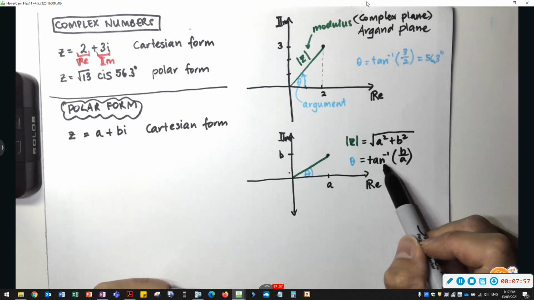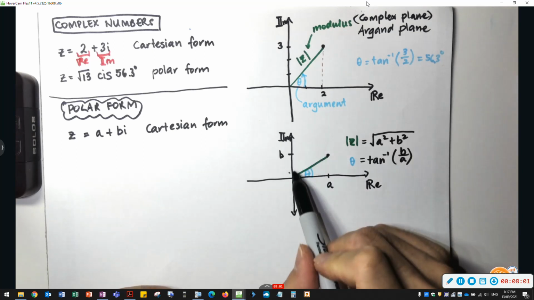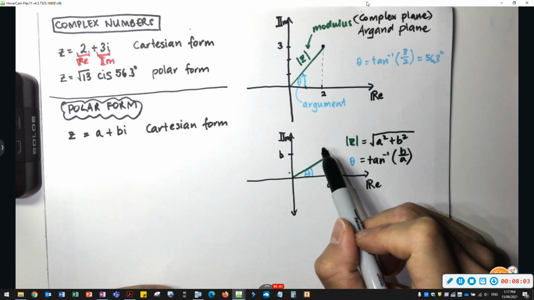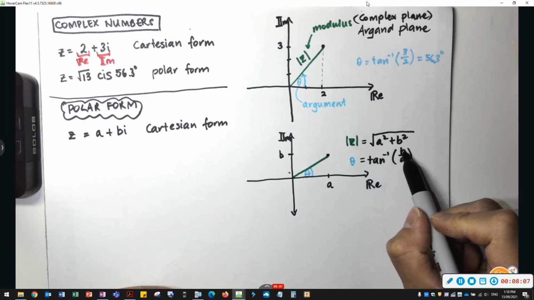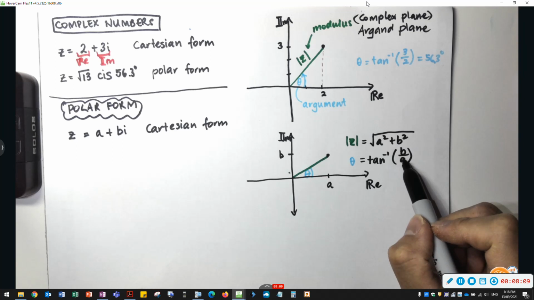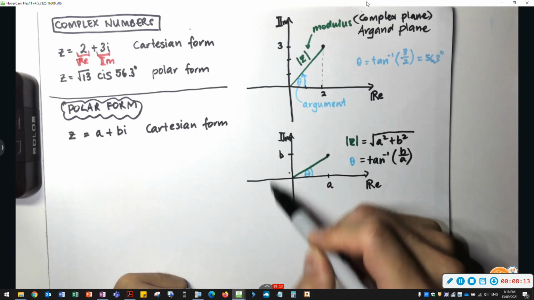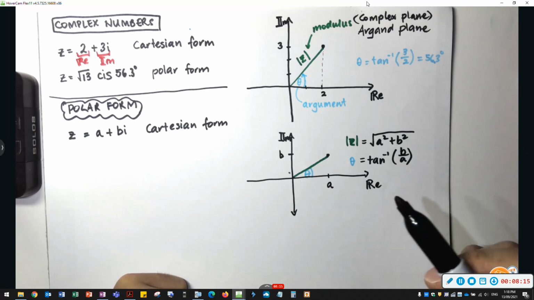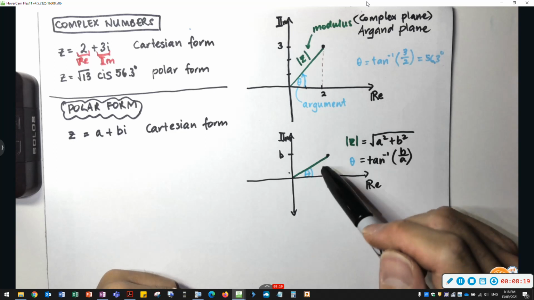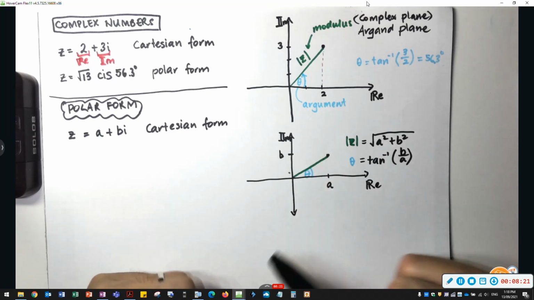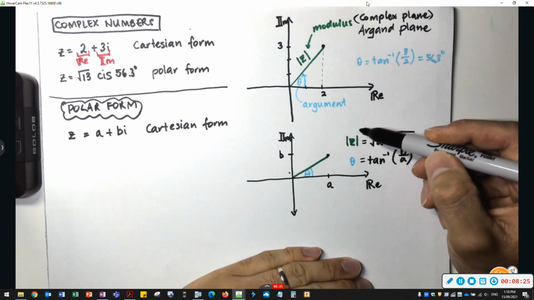Okay, so when you use tan inverse of b on a, it will always tell you the acute angle in the first quadrant. So just have a look at whether the b value is negative or the a value is negative, or if they're both negative, and it'll tell you which quadrant it's supposed to be, and then you'll write the correct angle. We'll have a look at that later when we see angles in different quadrants as well. So now you know there's a formula to calculate each of those values.